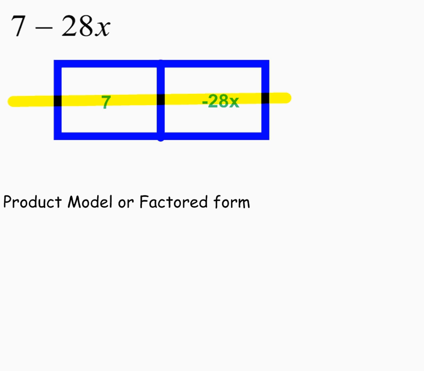What do those 2 numbers have in common? Well, they both can be divided by 7. So 7 divided by 7 is 1, and negative 28x divided by 7 is negative 4x. So I'm going to write my factored form: 7 times the quantity 1 minus 4x.